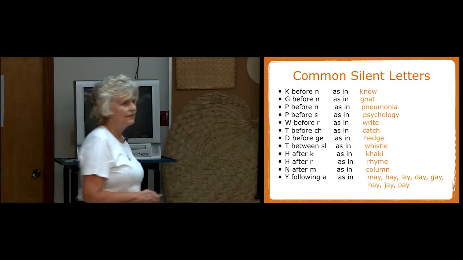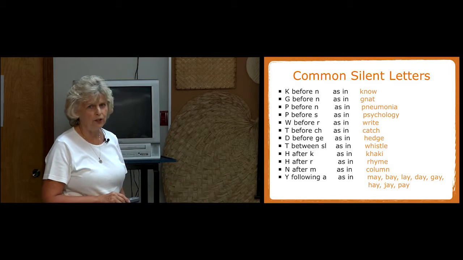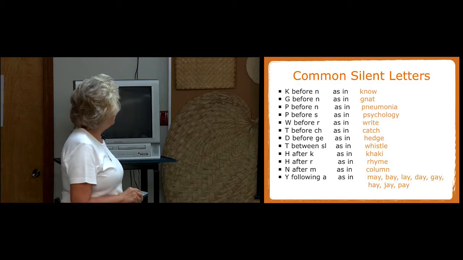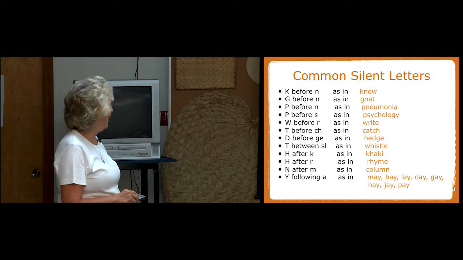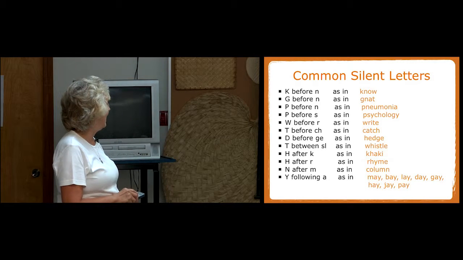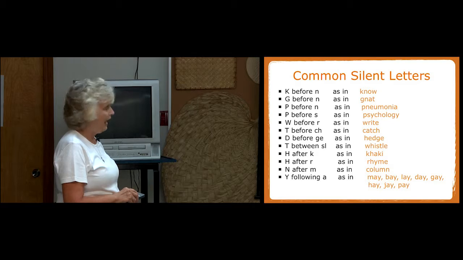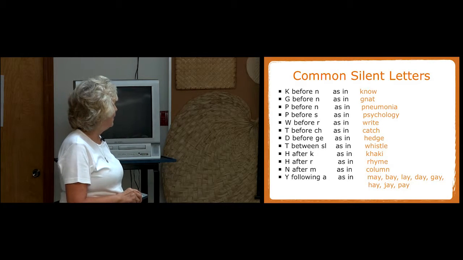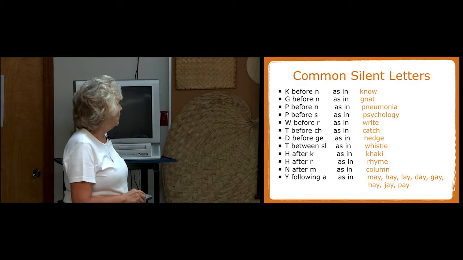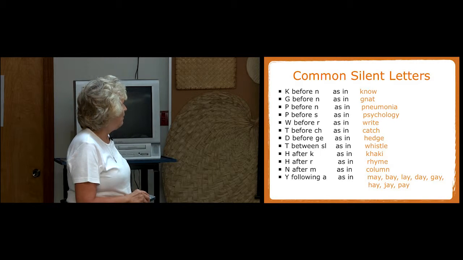And then silent letters. So much fun. So much fun in spelling. Because you want to spell no, N-O-W, and it can't be. It's got to be that silent K. And you want to spell gnat, N-A-T, but you got to remember to put that G in there. And you want to spell pneumonia with an N, but you have to remember to put the P in there.